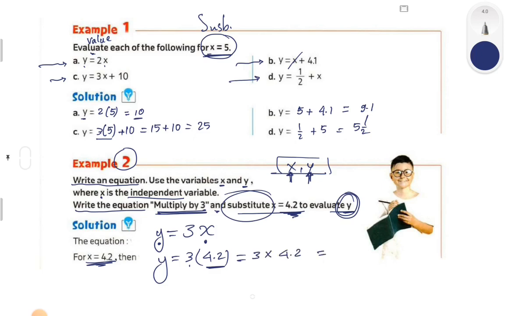That's easy with the algorithm way. 3 by 2 equals 6. 3 by 4 equals 12, right? And don't forget the decimal point after one digit. So the value of the equation when x equals 4.2 is 12.6.